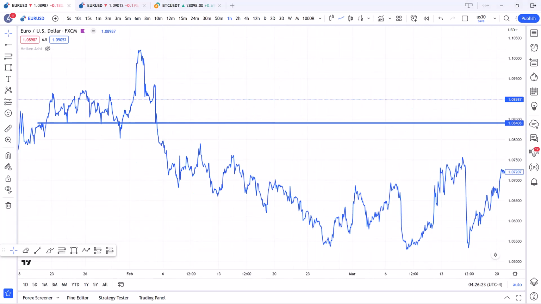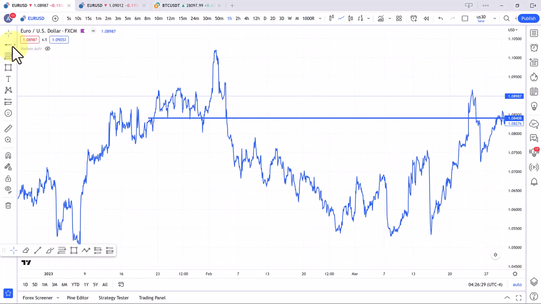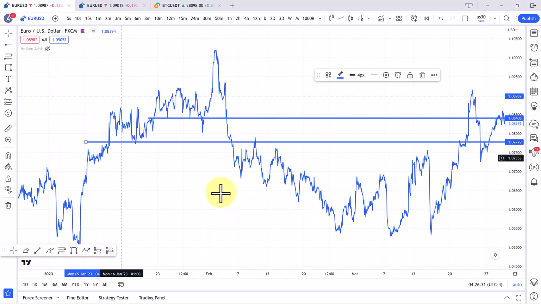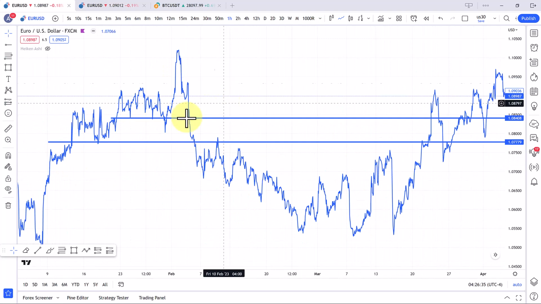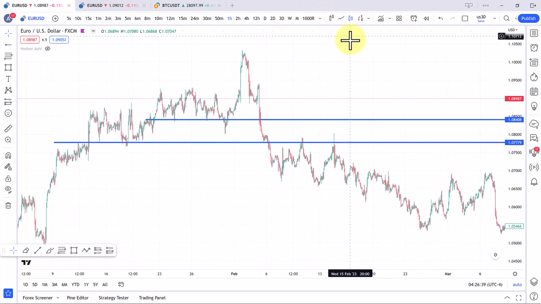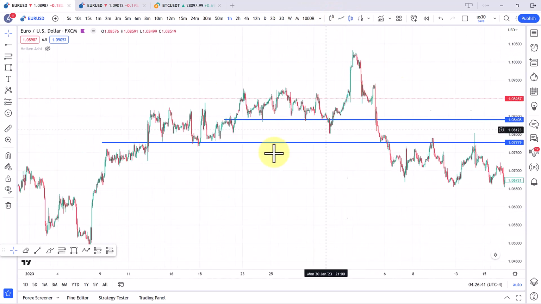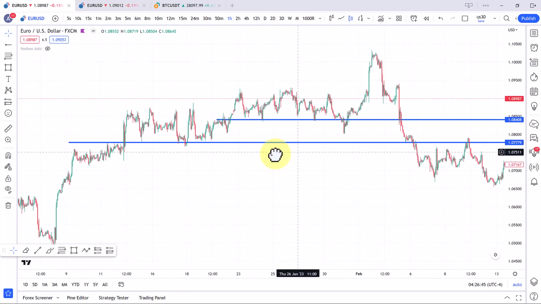If I want to mark some support and resistance for you, I can show you here and here. And when we are seeing this support and resistance at work in a line chart, you can go and change it to candlestick. And the most important thing that we see in candlesticks are the shadows.